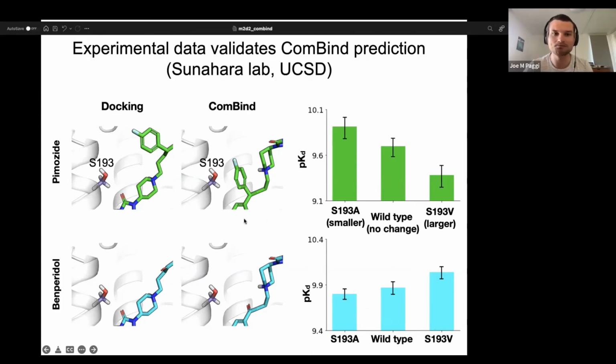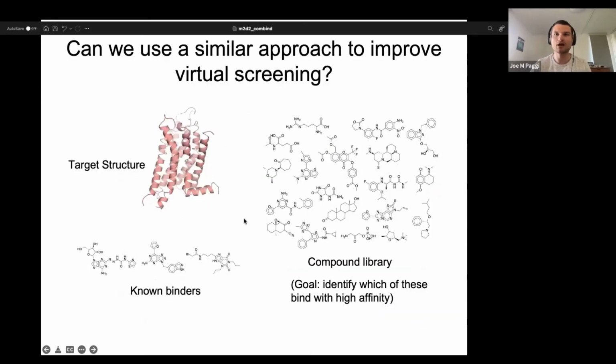Yeah, so with that, I want to move on to the second application of our method, to virtual screening. I'm sure most of you are familiar with this problem.